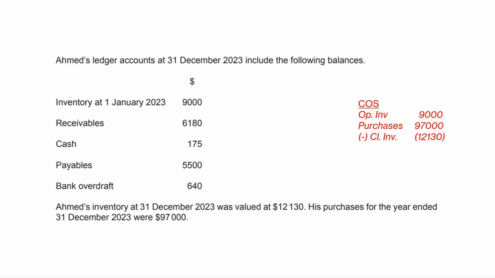So opening inventory, the question says it's 9,000 inventory at 1st January 2023, purchases 97,000, which is given at the end, and inventory at 31st December 2023, which is the closing inventory, is 12,130. So cost of sales will be opening inventory plus purchases minus closing inventory, and you will get a value of 93,870. So you can use this to calculate the inventory turnover.